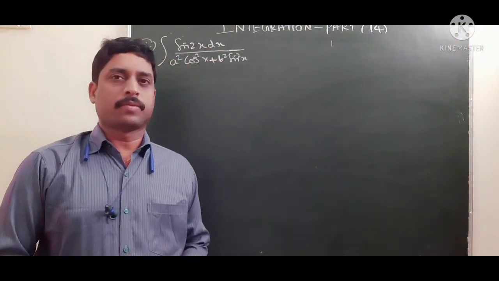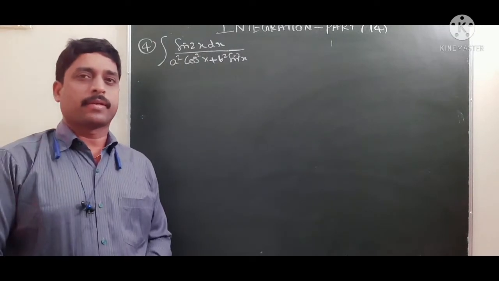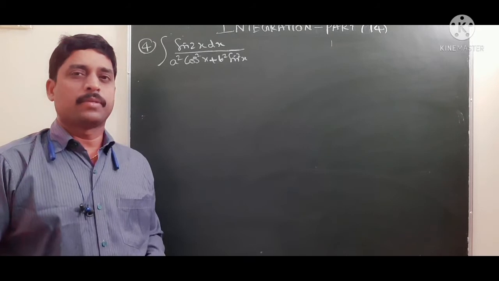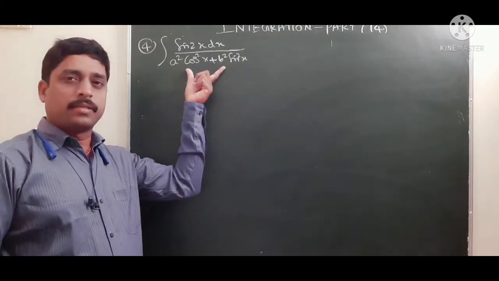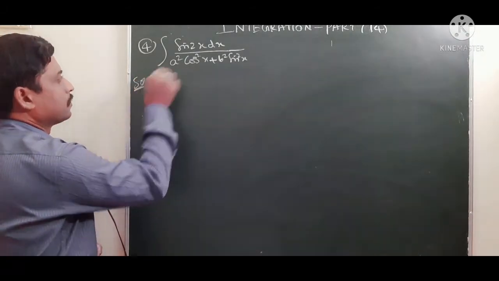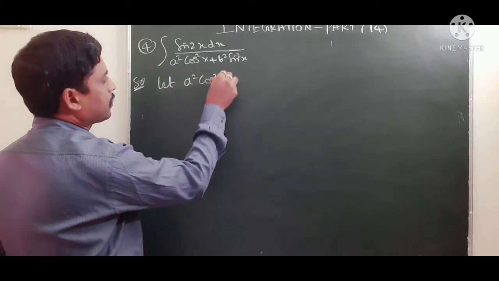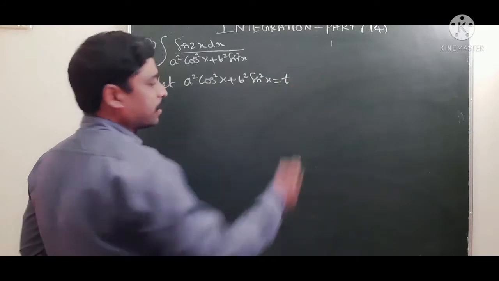Now moving to the next question. Integral sin 2x dx by a square cos square x plus b square sin square x. Okay, this type of problem is solved by using substitution. Let us take the denominator equal to t: a square cos square x plus b square sin square x equal to t.